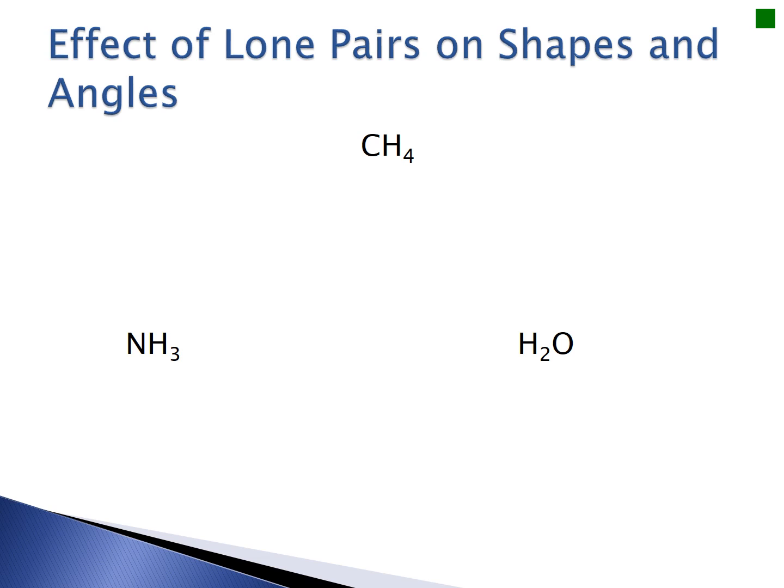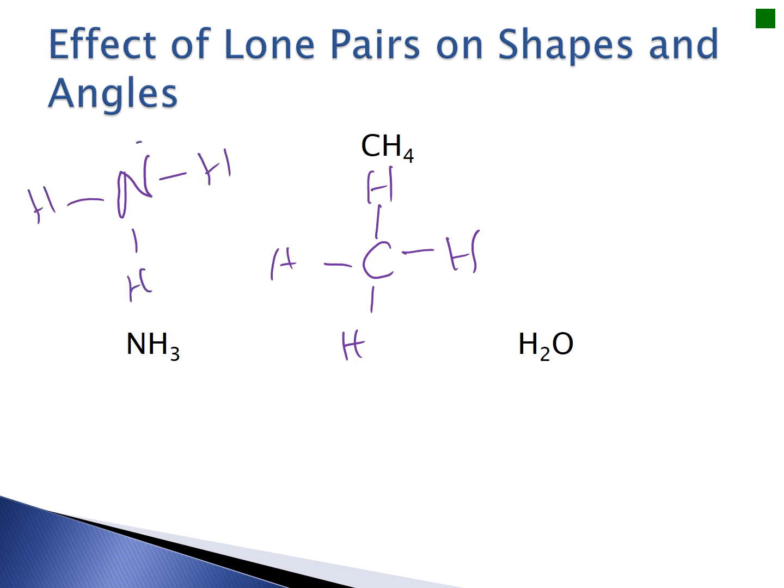All right, so what is the effect of lone pairs on shapes and on the angles? If we looked at methane, CH4, which looks like this, and compared it to, let's say, ammonia, which is NH3, which looks like this. If you analyze it, each central element has 4 things coming off of it. The carbon has 4 hydrogens attached to it.